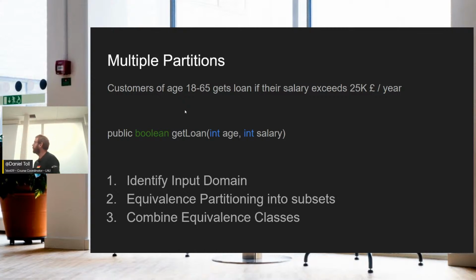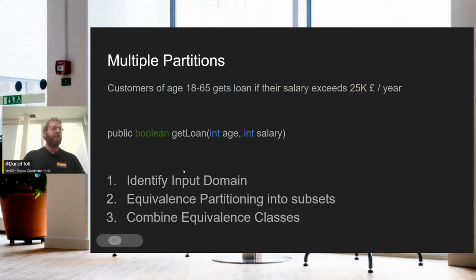There are multiple partitions also, so you can have different axes of this. So let's think about a function called getLoan that decides if someone should get a loan or not. Customers of age 18 to 65 get a loan if their salary is bigger than 25,000 pounds a year.